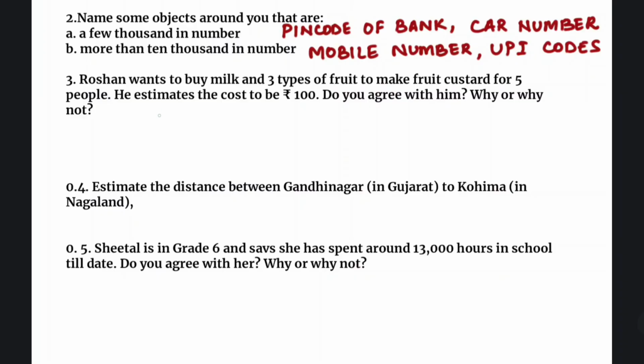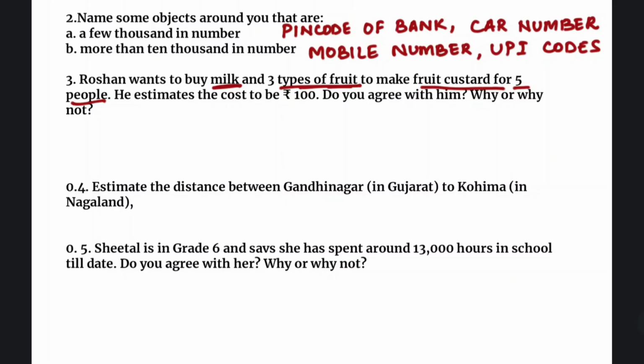Next question, Roshan wants to buy milk and 3 types of fruit to make fruit custard for 5 people. He estimates the cost to be ₹100. Do you agree with him? Why or why not?